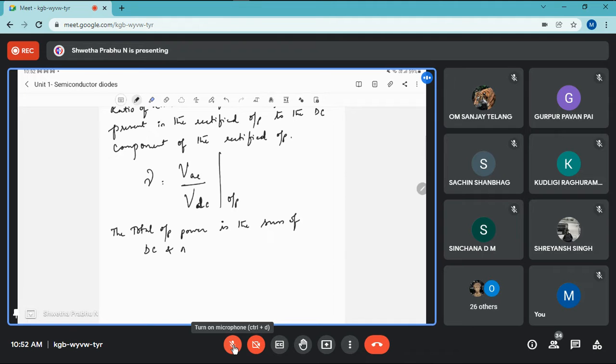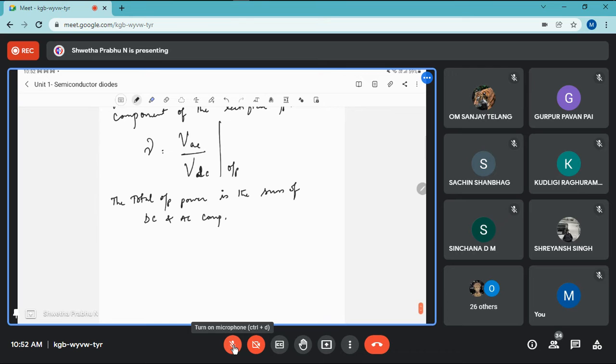Power is directly related to voltage, right? P is equal to I squared R or V squared by R, correct?